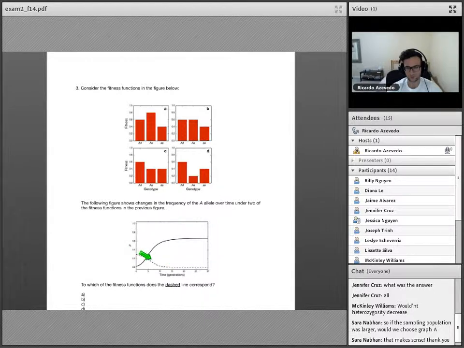So which one would you expect it to be? So we have to relate this dashed line, not the solid line, but the dashed line, to one of these fitness graphs.